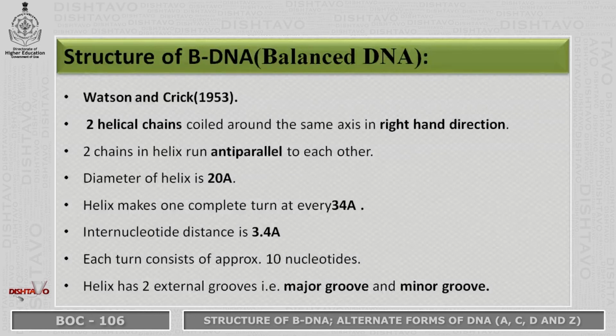Diameter of the helix is 20 angstrom. The helix makes one complete turn at every 34 angstrom. Internucleotide distance is 3.4 angstrom. Each turn consists of approximately 10 nucleotides. The helix has two external grooves, that is major groove and minor groove.